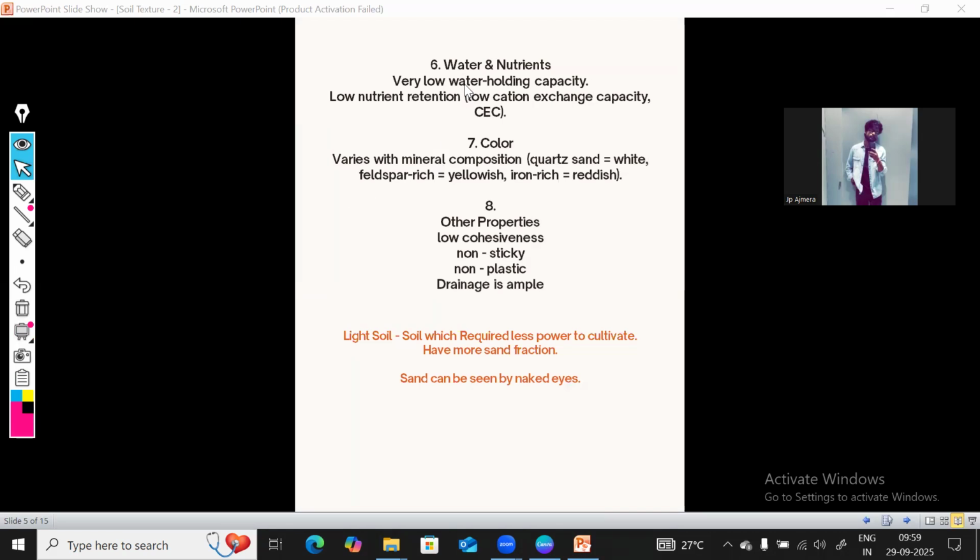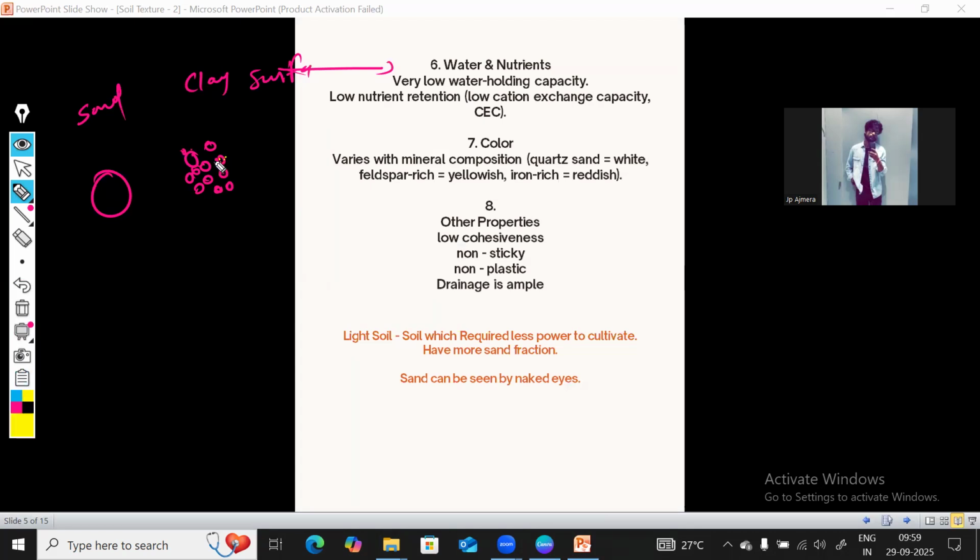What is nutrient retention? Water and nutrient retention, we already talked about that. There is a large surface area, a maximum surface area. So water retention or nutrient retention depends on surface area. Surface area is maximum in clay and lesser in sand.